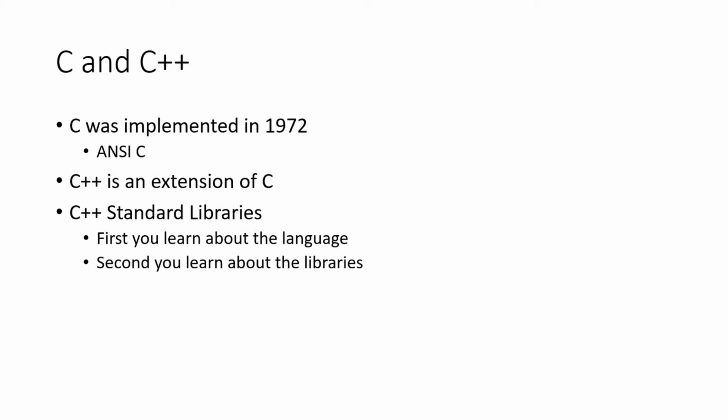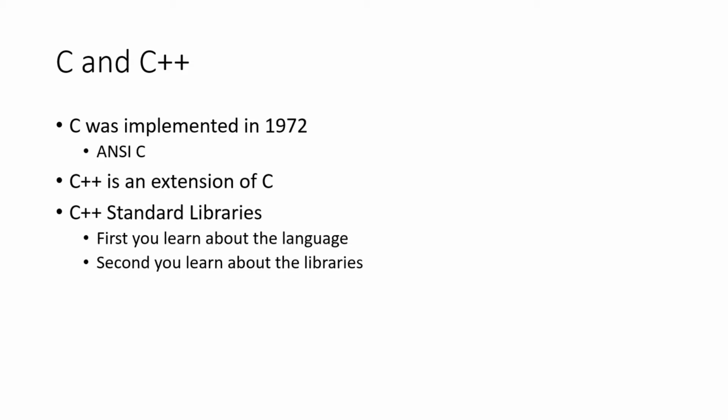And then there was a standard called ANSI C that they went with. And C was pretty famous, and it's still used up till this day. Almost 50 years ago, it was developed and implemented, and it's still being used up till this day in some shape or form.